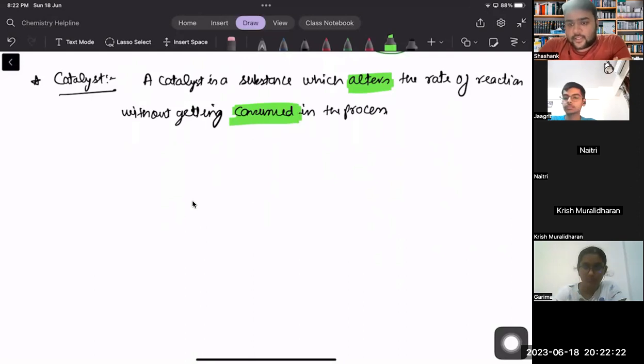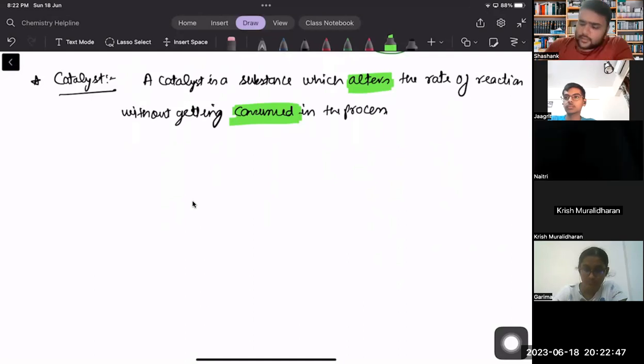Yes. Is tawa consumed in making the pancake? Tawa is just for the heat to get transferred and for the pancake to take a proper shape, so that we can put some maple syrup or something and feel the heaven, right? So catalyst is something which alters the rate of reaction.